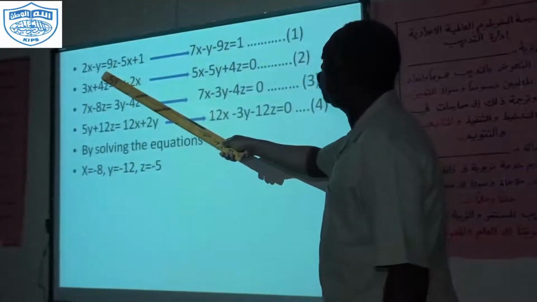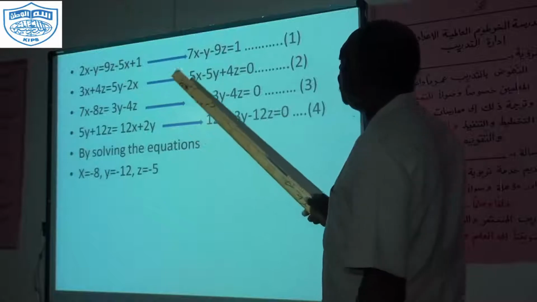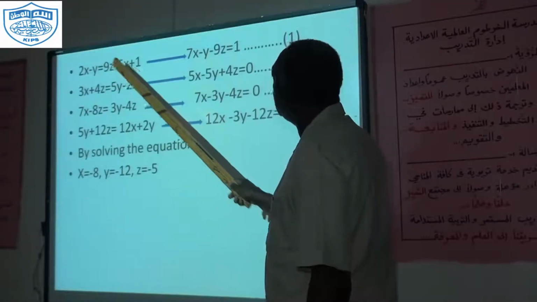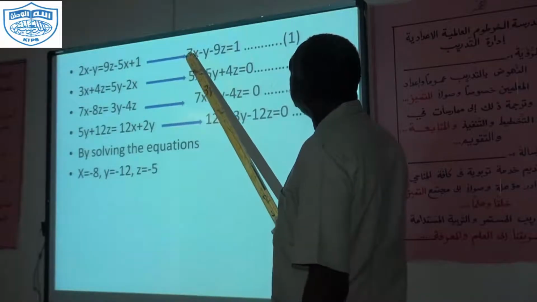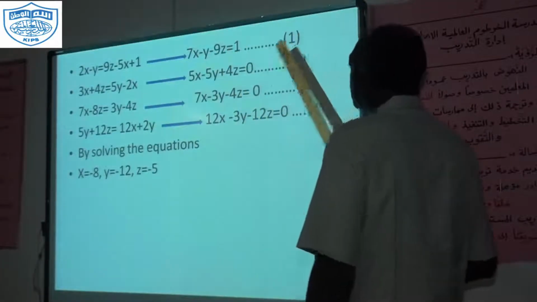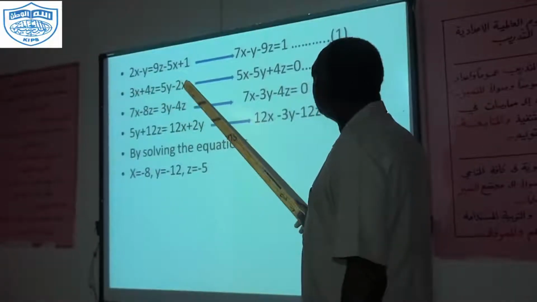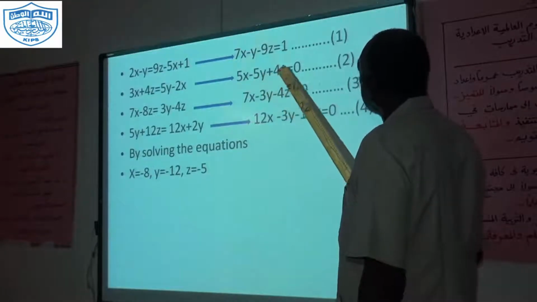Let me restate: 2x minus y equals 9z minus 5x plus 1. If I change 9z to the other side and negative 5x to the other side, 1 remains in its place. So you find that 7x minus y minus 9z equals 1. This is the first equation. The second equation, I transform 5y to the other side and negative 2x to the other side, and it becomes 5x minus 5y plus 4z equals 0.